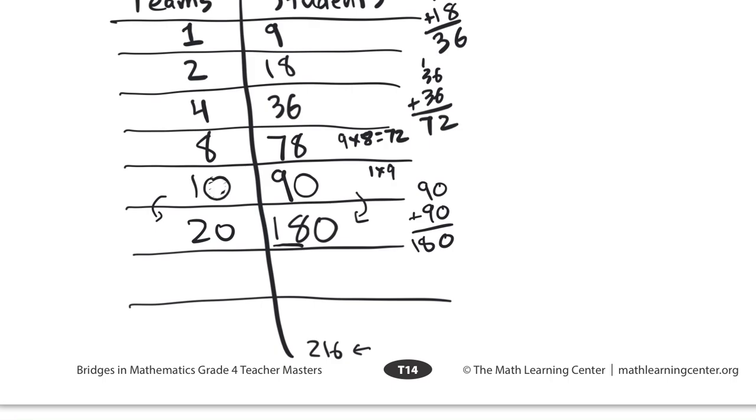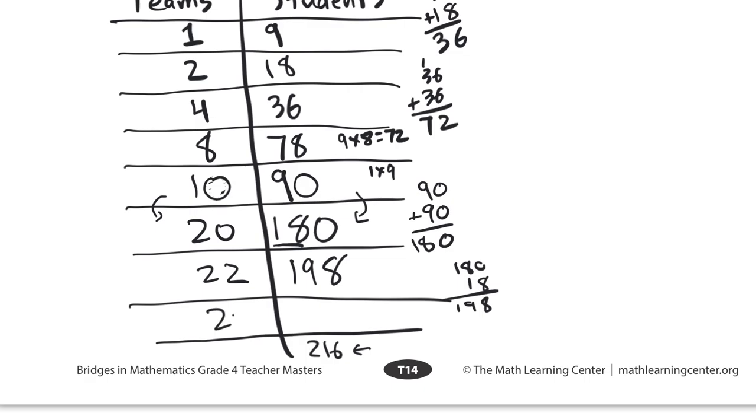So maybe we could just count by 2s and do 22 of them. So we're just going to add 18 more to this number, because 20 to 22 is 2 more. What is 2 more? 18. Let's see what happens. 180 plus 18 is 198. Well, we're getting closer, so that's 198.